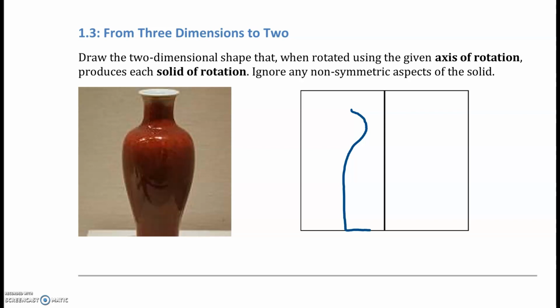And since it's a vase that's closed on the bottom, I know that I need to go over and touch the axis of rotation. So this is kind of what I envision that vase looking like if we rotate that shape around this axis of rotation.